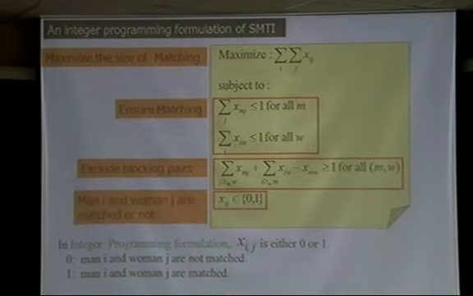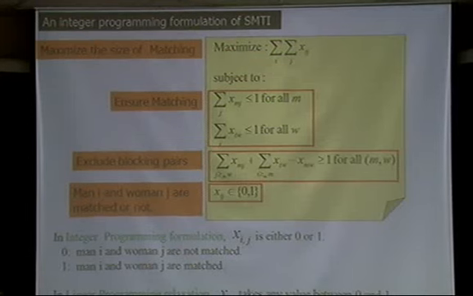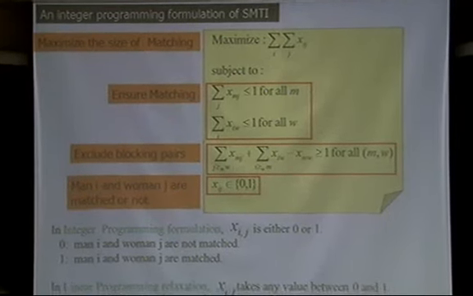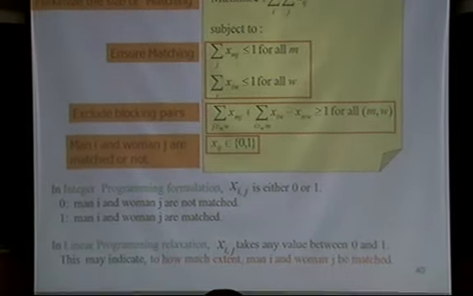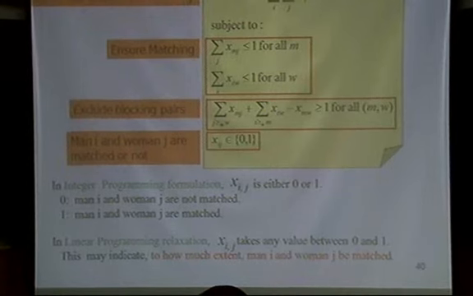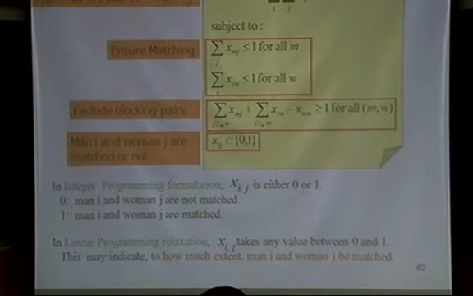So xij can take any value between 0 and 1. And this value gives us some information about to what extent i and j should be matched in an optimal matching. So we use this value to determine the woman's decision.